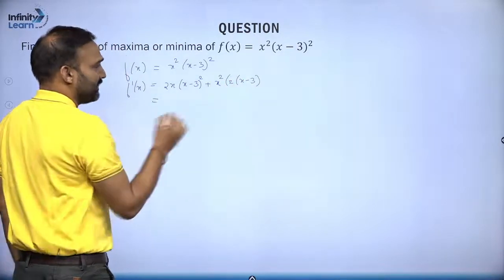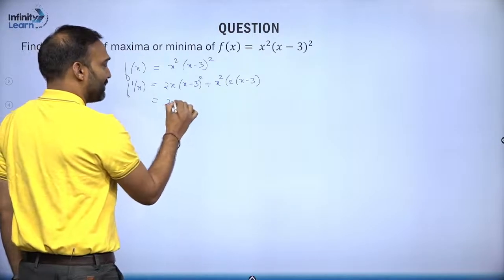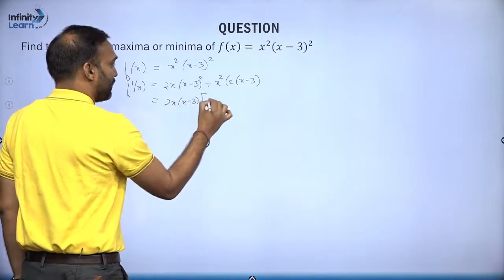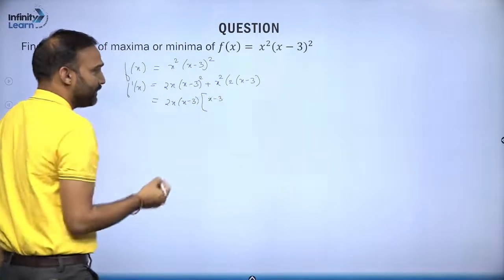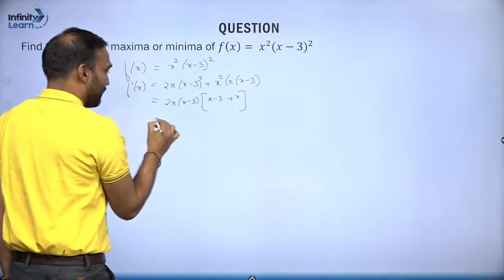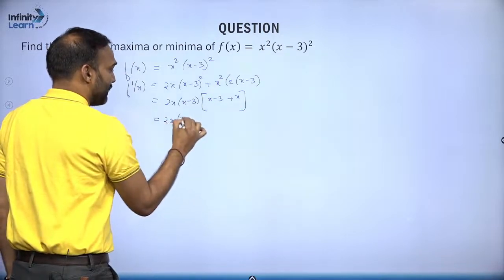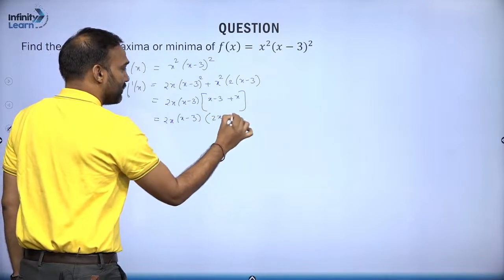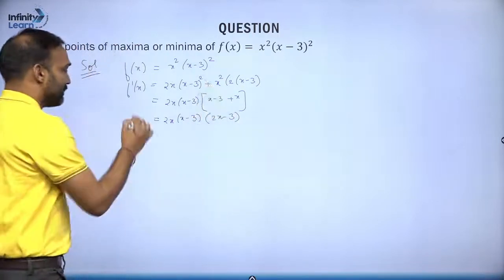Now from this, I can take 2x into x minus 3 common. So we'll be left with x minus 3 from the first bracket, and from the second bracket we'll have x. Let me simplify this further. So we'll have 2x into x minus 3 into 2x minus 3. This is my f dash x.